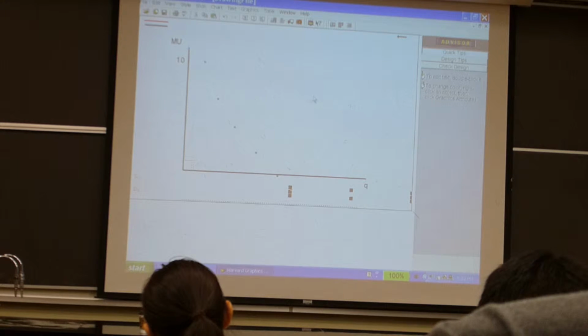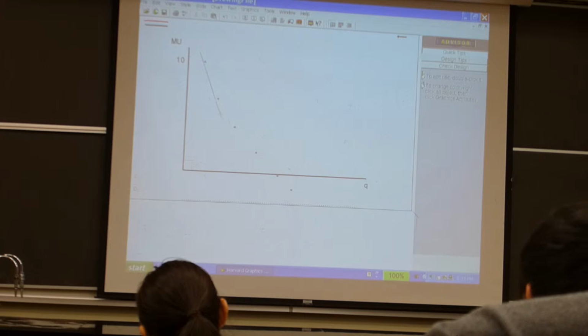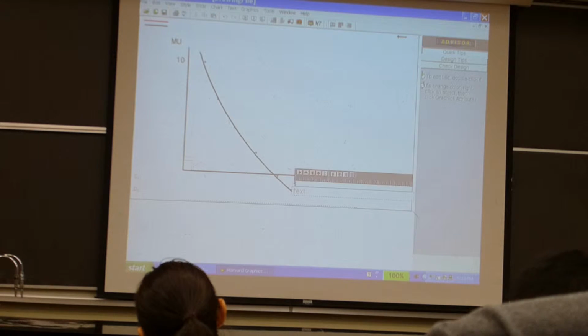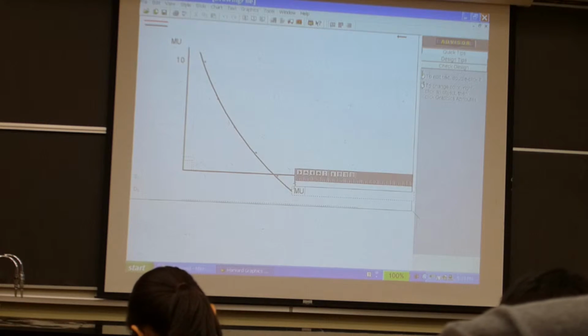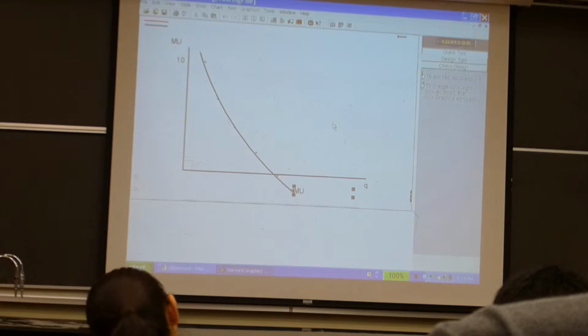But because this guy knew calculus and continuous functions, he just drew it in like this as a smooth function that looks something like that. And he called it marginal utility. And he came up with this phrase, diminishing marginal utility.